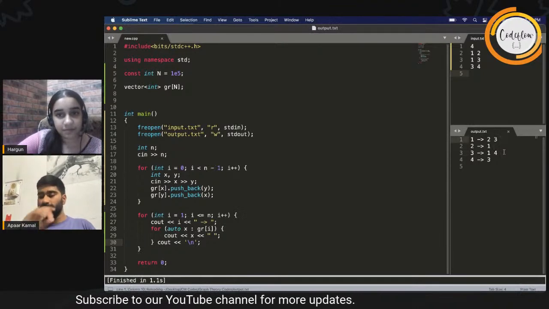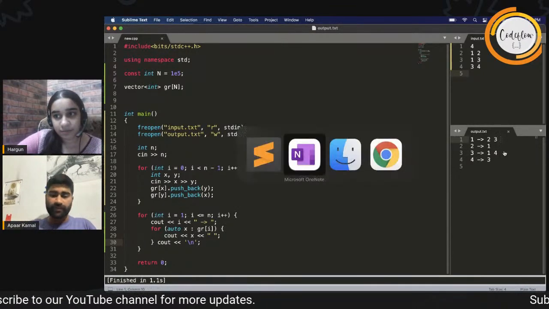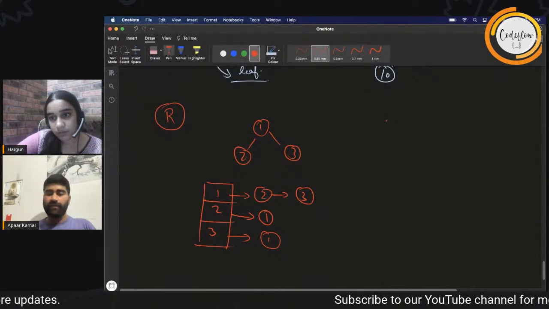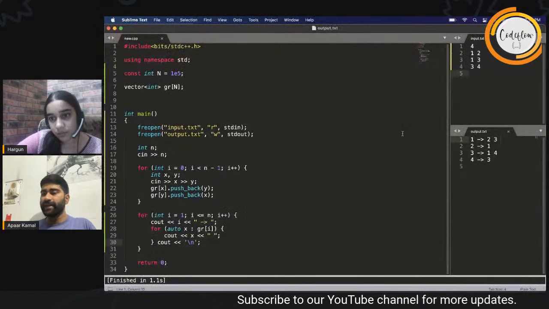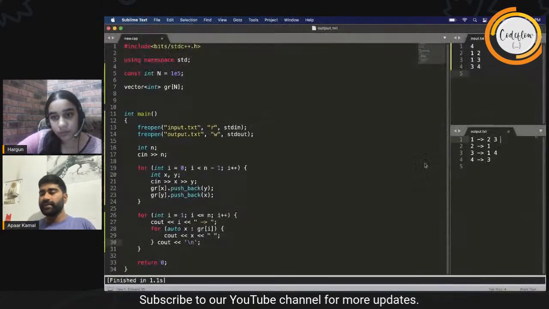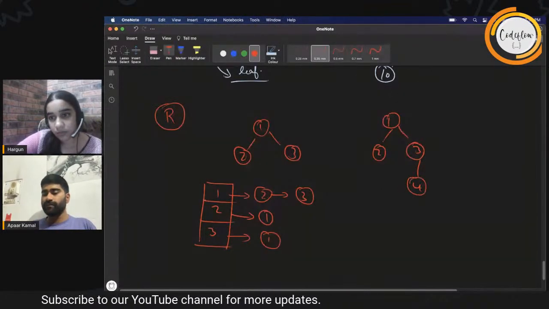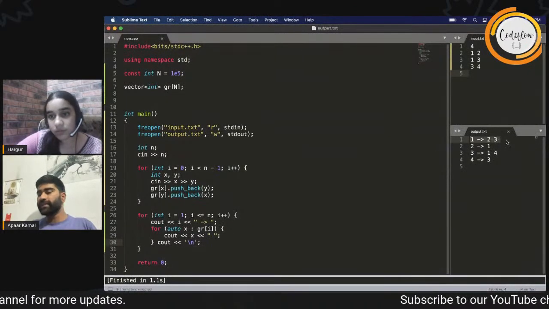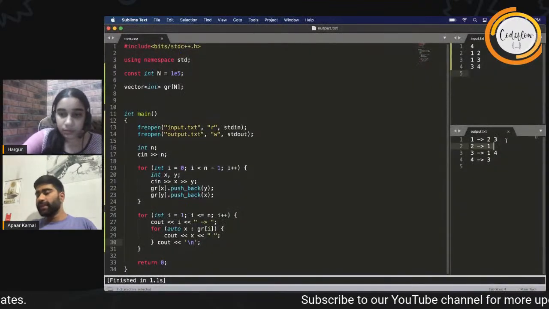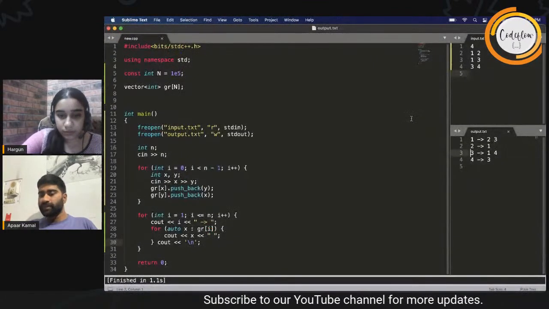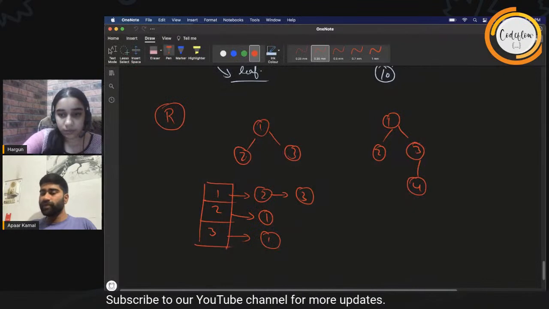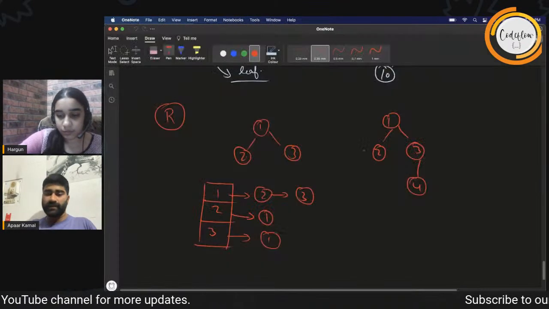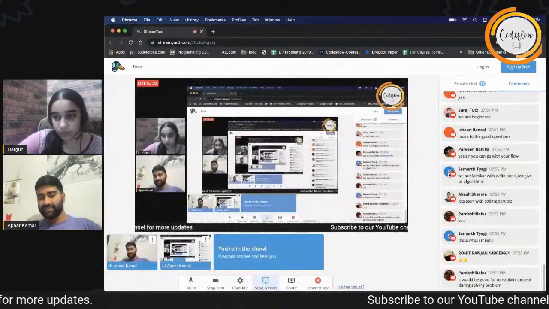So we can see now that 1 is connected to 2 and 3. So let me make this tree as in the input. We have 1 connected to 2, the second edge is between 1 and 3, and the third edge is between 3 and 4. Right. So 1 is connected to 2 and 3. 2 is connected to 1, right? 3's adjacency list is 1 and 4, correct? And 4's adjacency list is 3, right? So let me actually check this.